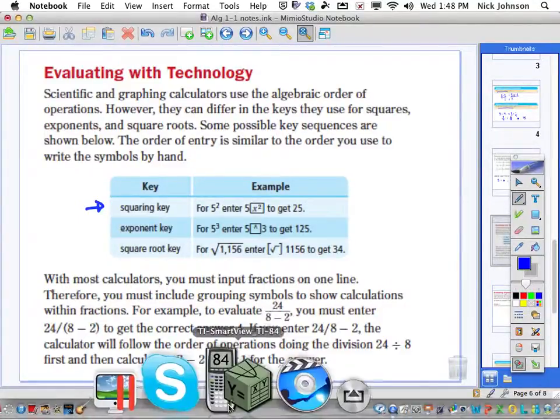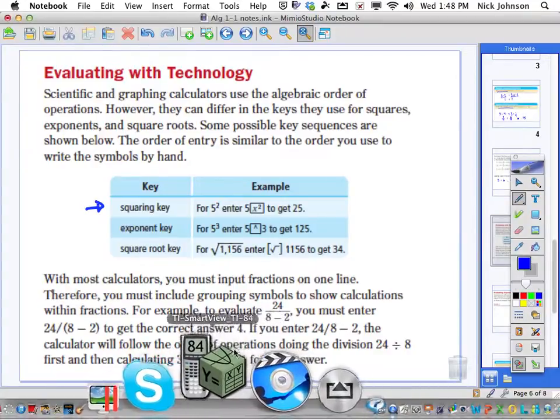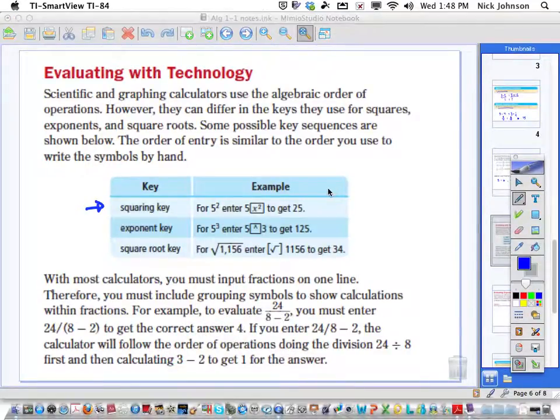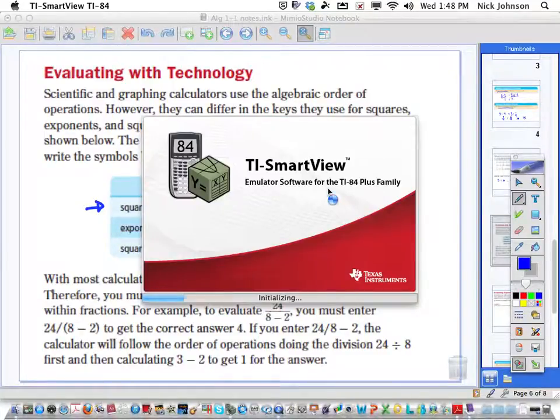Let me bring up my calculator for you. It's going to take a second here. I apologize for the inconvenience.